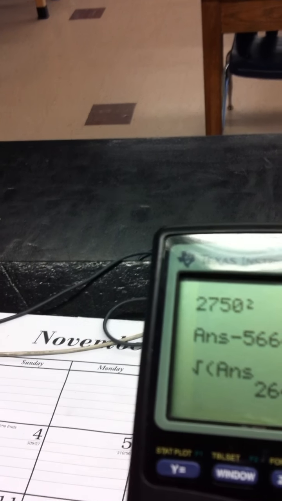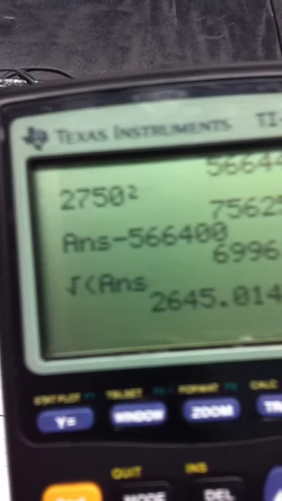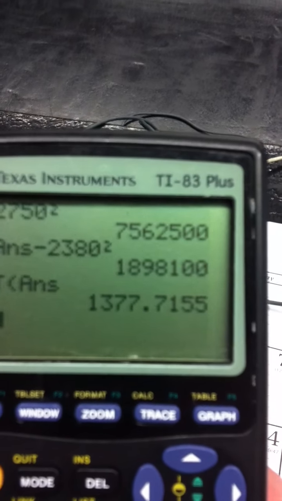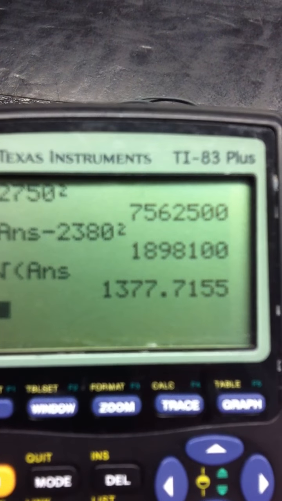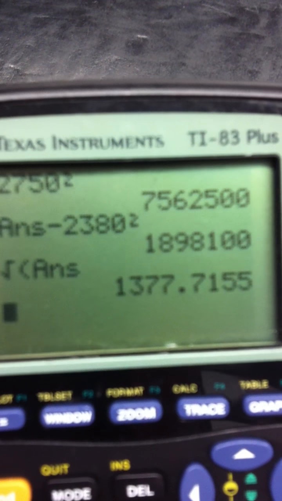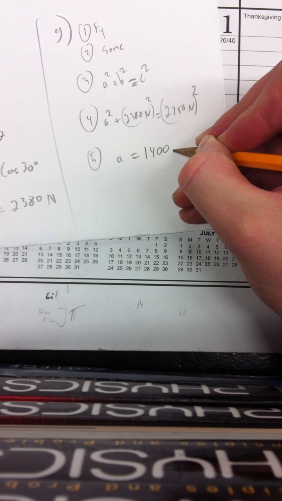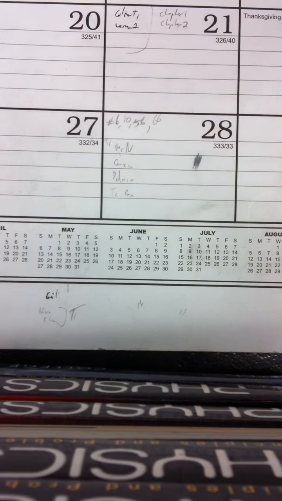No, it doesn't work out. 2,750 squared subtract 2,380 squared. Now we get the square root of that. Yeah, it's about 1,400. All right, so that's the correct answer. So 1,400 newtons. So we can add that back to our original chart.